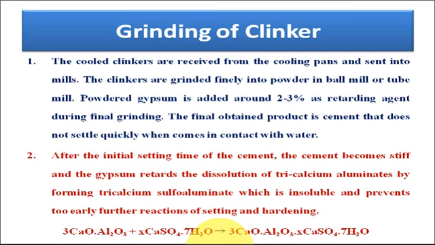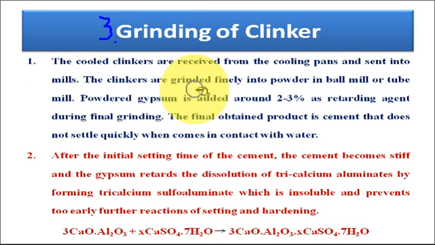So the third step is the grinding of this clinker. First step is the mixing, second one is the burning, third one is the grinding. Grinding is the crushing of the grey colored stone formed in the rotary kiln, known as the clinker. The cooled clinkers are received from the cooling pans and sent into the mills.